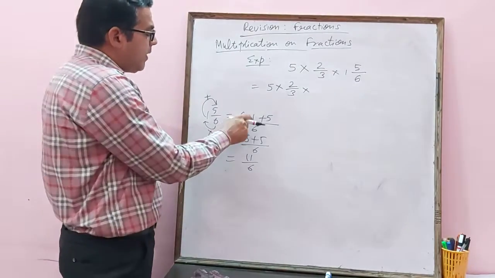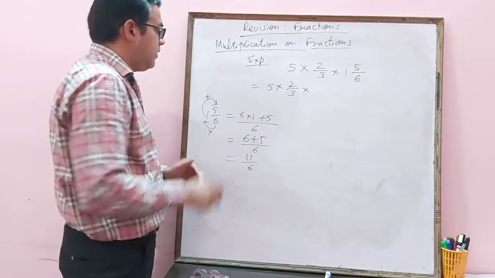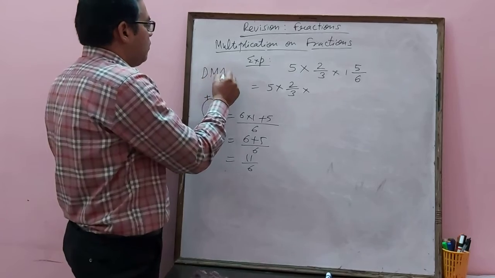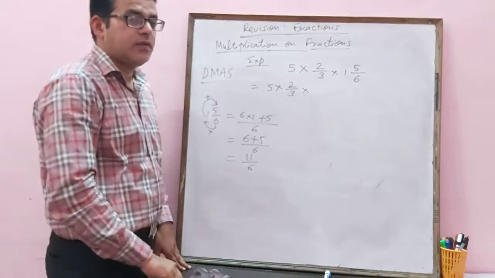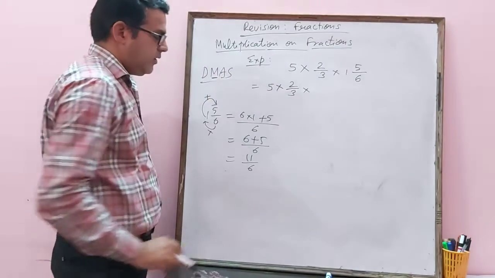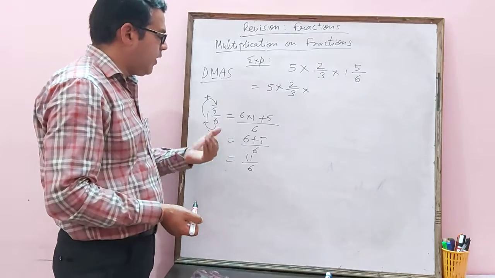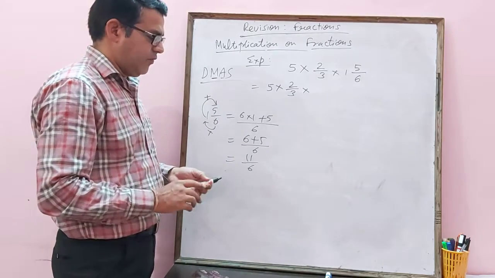So why are we multiplying 6 and 1 first? Because the DMAS rule says it. First you have to multiply, then add. That's why we are multiplying 6 and 1 first, and after that we are adding 5.